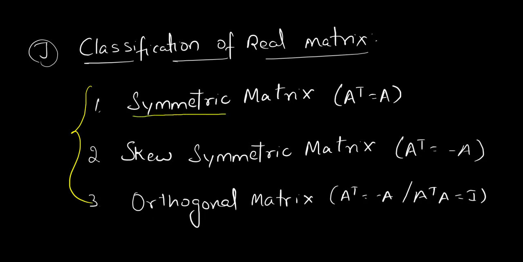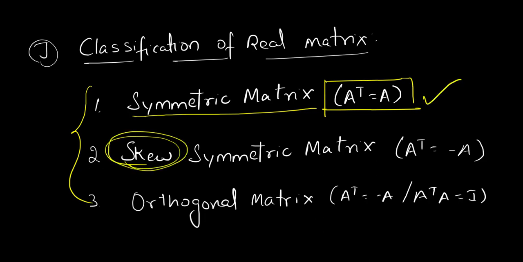Whenever we see symmetric, you need to remember that A transpose is equal to A. Whenever you see skew, you can remember it as ice, right? On the ice, it's going to be slanted, right? So for skew, we will get a negative: A transpose is going to be minus A. Whenever we get ortho, like orthopedic, the doctors, right?